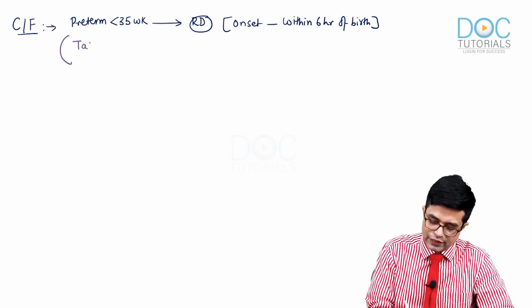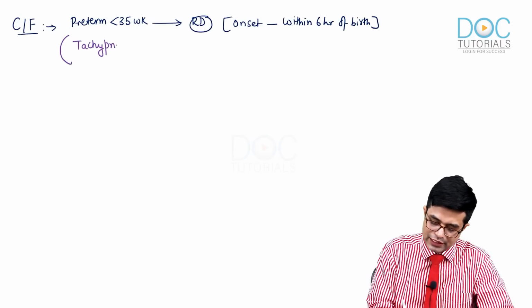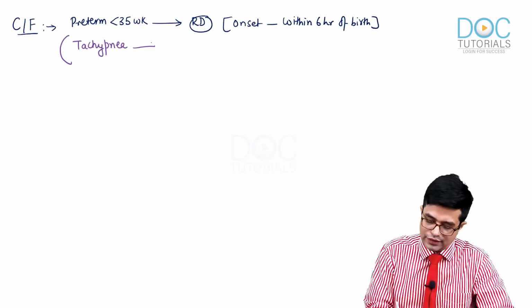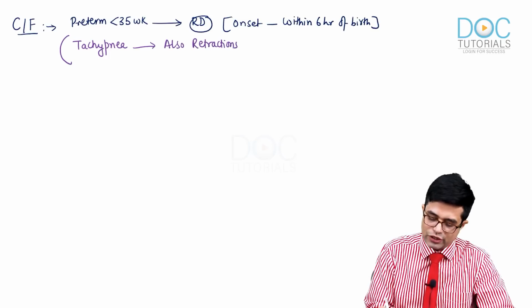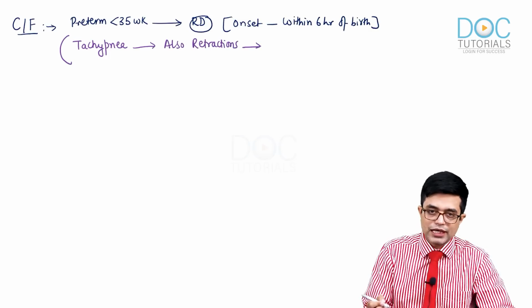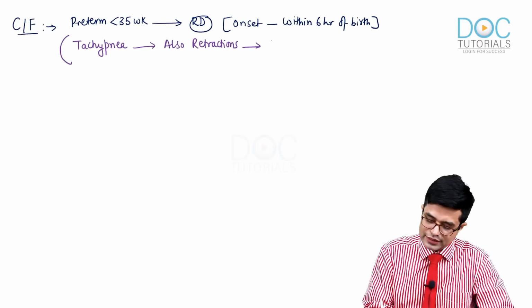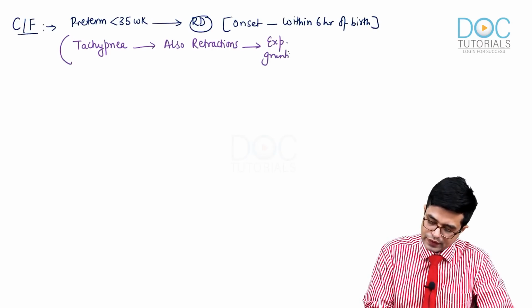First, in the first few hours, the child will develop tachypnea, that is rapid respiratory rate. Later on, the child will also develop retractions, that is indrawing of the chest wall. As the disease progresses, the child will also develop expiratory grunting.